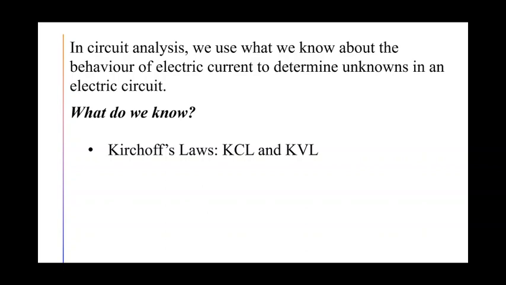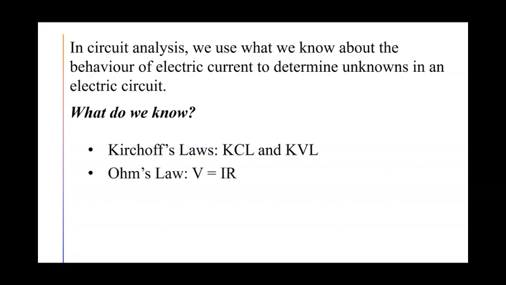Kirchhoff's current law basically says that the current that flows into a junction must be equal to the total current that flows out. And Kirchhoff's voltage law basically says that around any complete path in a circuit, the sum of the increases in electric potential must be equal to the sum of the decreases in electric potential. So in other words, they add up to 0.